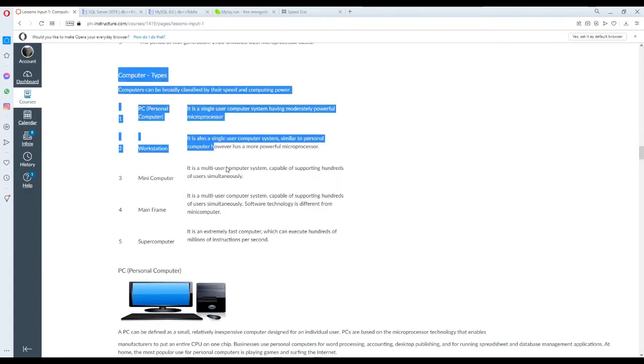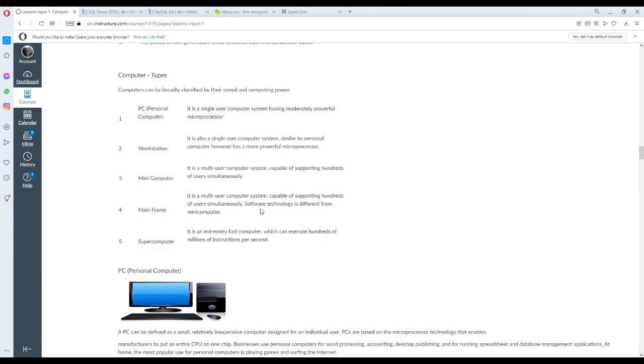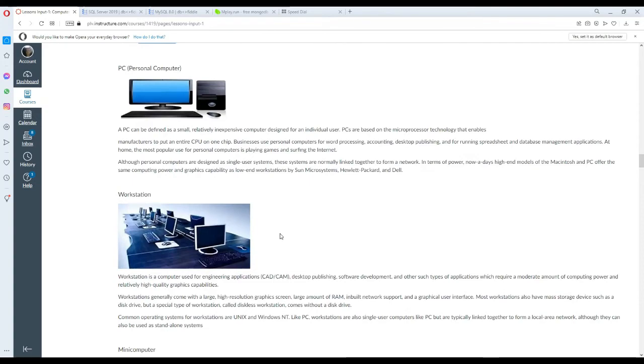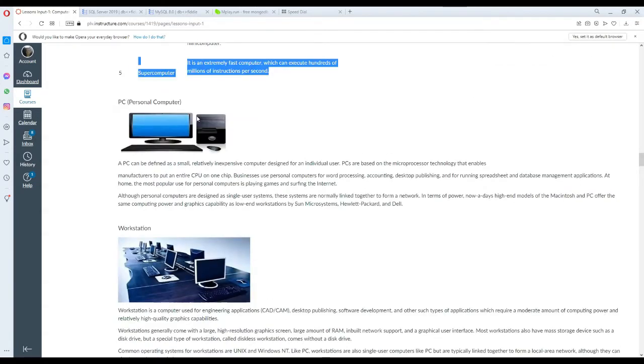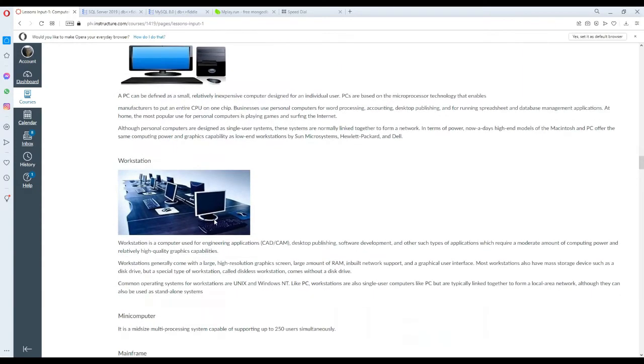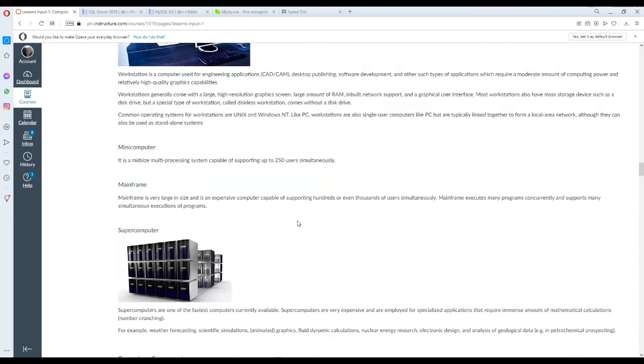So these particular types were created before the introduction of super fast computers. So imagine even the newest iPhone can be considered as a PC or even a supercomputer already. It depends on the particular purpose or task. Okay, so I will not be describing each and every one of these descriptions, but kindly read them up.